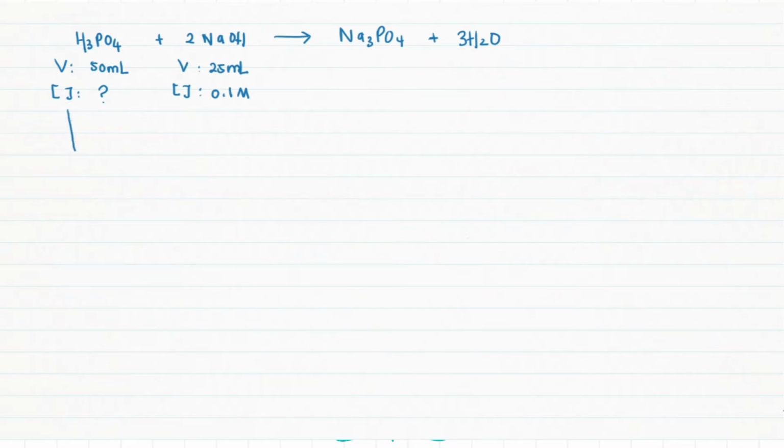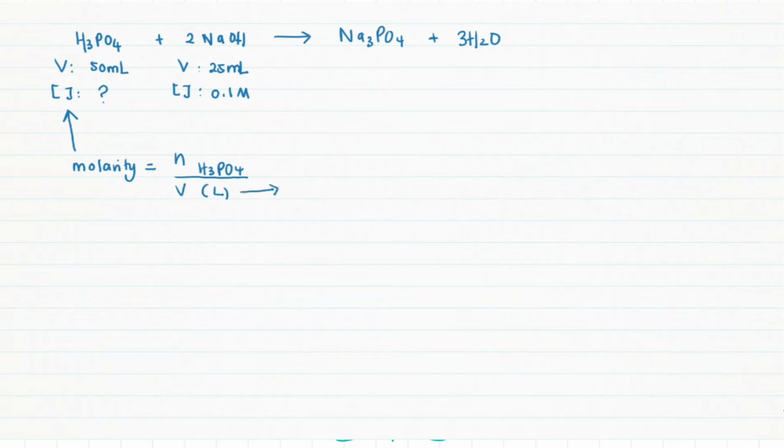So how to calculate the molarity of phosphoric acid? The formula: molarity is mole of phosphoric acid divided by volume of phosphoric acid solution in liter.